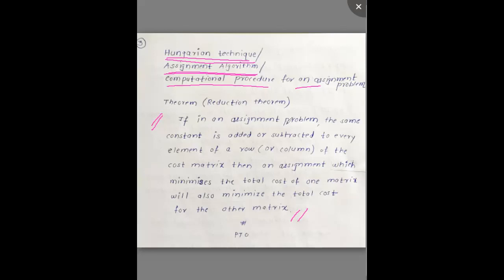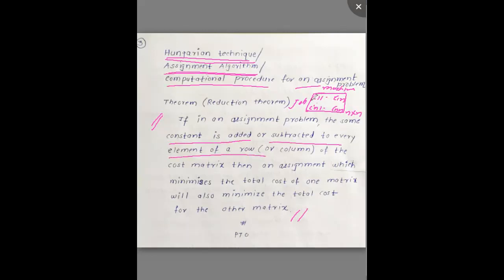If in an assignment problem, we have seen the assignment problem can be stated using the n cross n cost matrix. So there are n rows and n columns. If in an assignment problem, the same constant is added or subtracted to every element of a row.